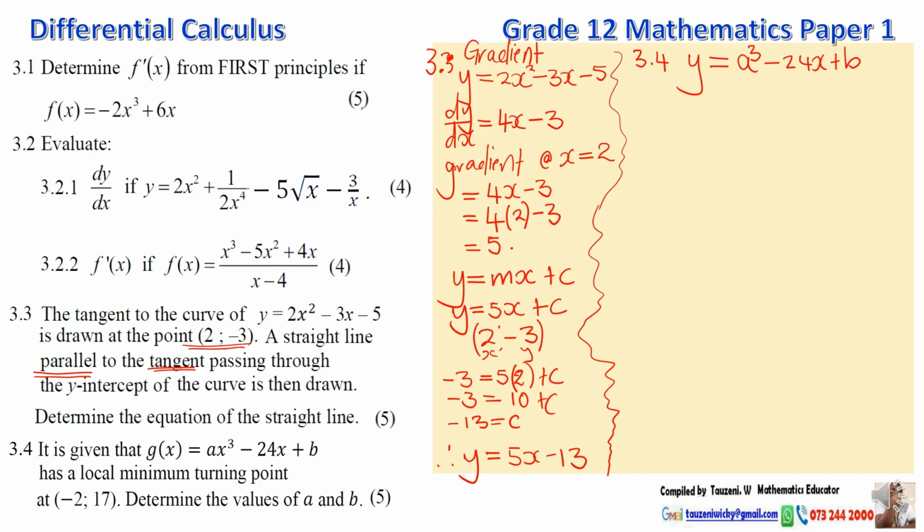Then in this equation, the graph has a local minimum point at -2 and 17. It means the graph is passing through -2 and 17 basically. Whether it's the local maximum or minimum, it doesn't matter. As long as the point is on the graph, the same idea applies. So y is equal to 17.